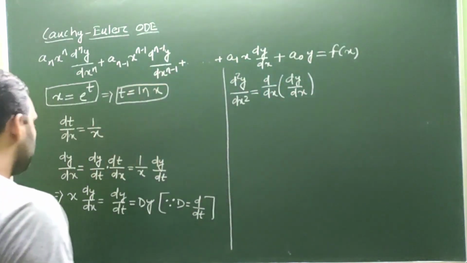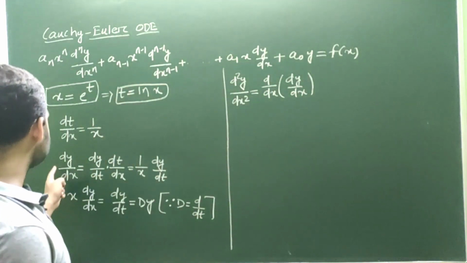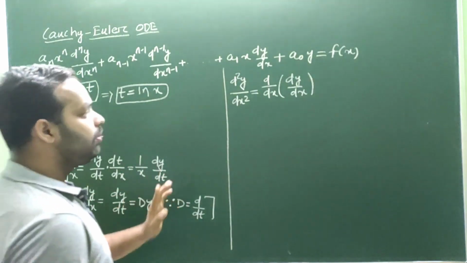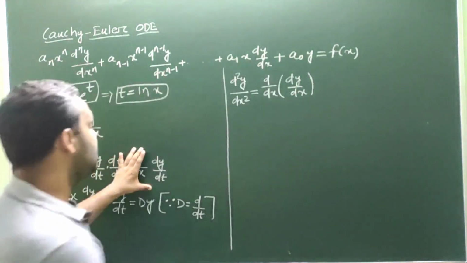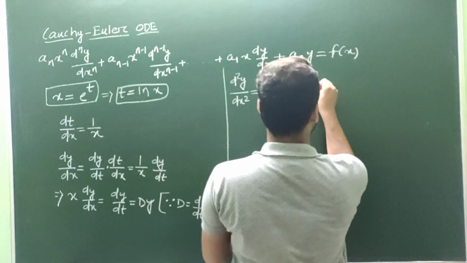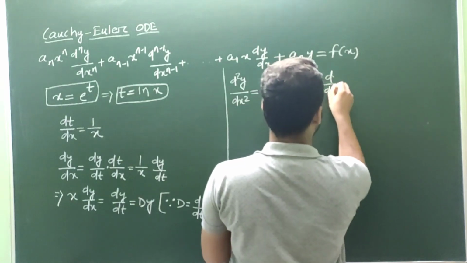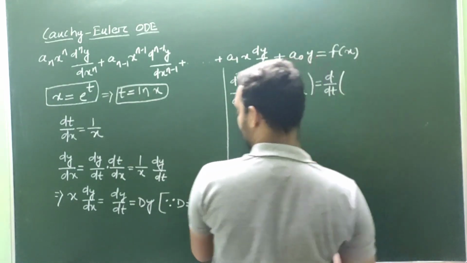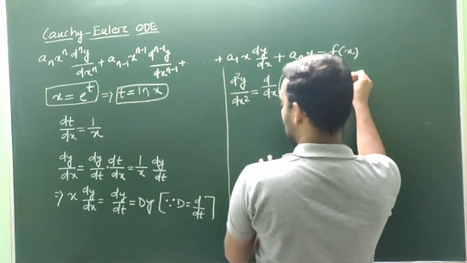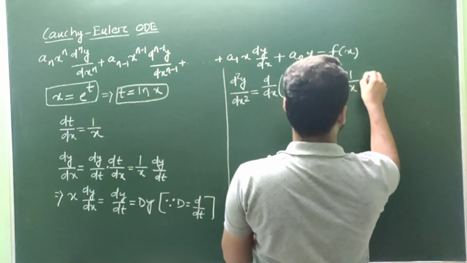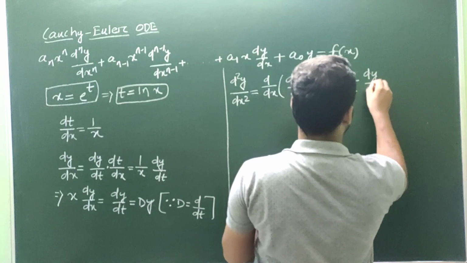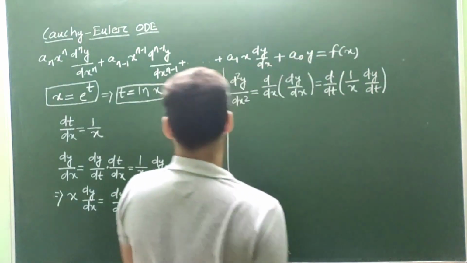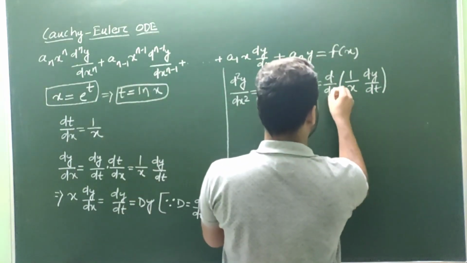And here you got dy by dx as 1 by x into dy by dt. Now take this and substitute here. You will get d by dt of 1 by x dy by dt.